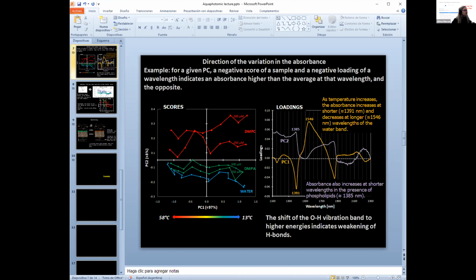Yes, I actually also wanted to comment on this. So you have a combination of these bands, 1546 and 1391. 1546, I think, is one of these strongly bound water types, which we saw yesterday from Professor Tonauer's talk, that there are various types of these strong bonds. So I think this is one of those types. And in this case, as temperature increases, there is a decrease at this wavelength.